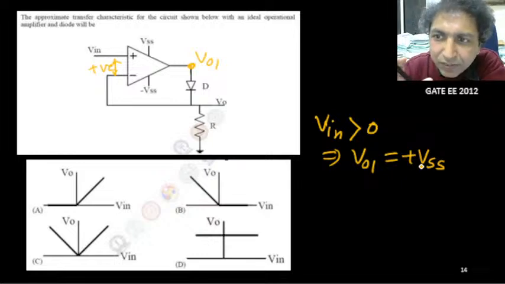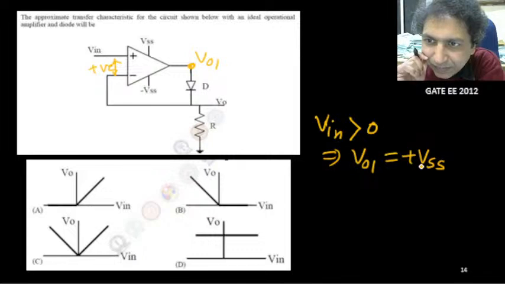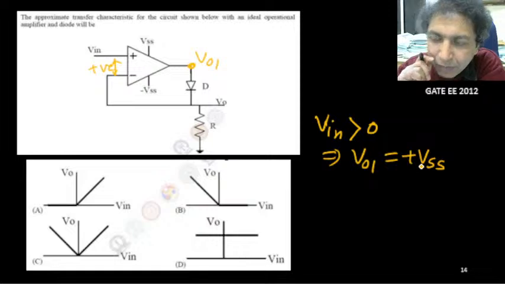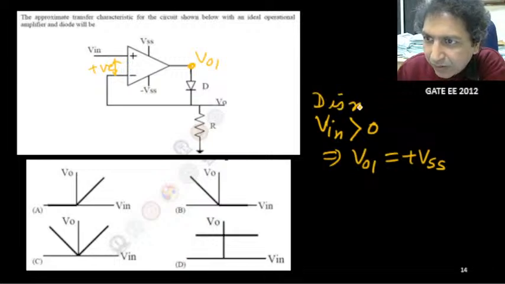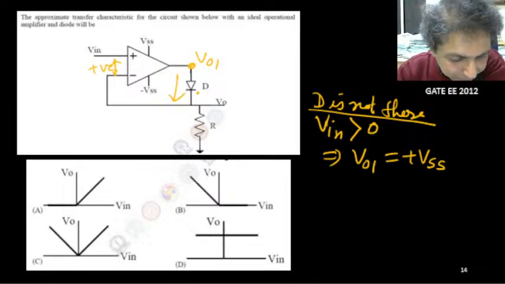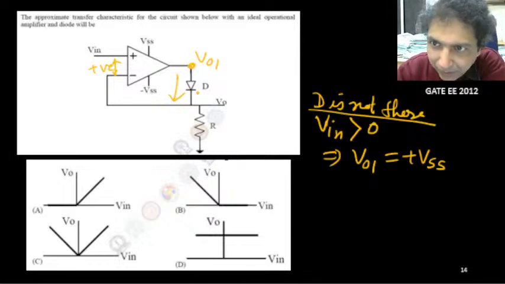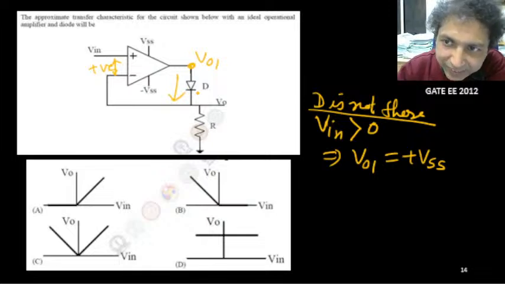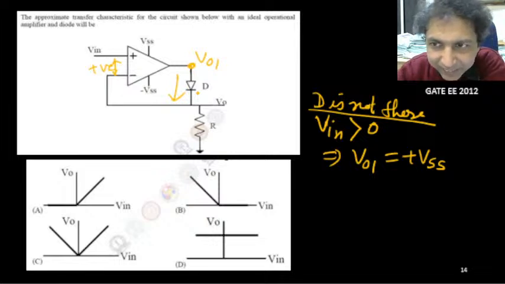That is if the diode is not there. But when the diode is there with this configuration, obviously the diode will be on, and the current can flow. The circuit is closed, and if the circuit is closed, there is negative feedback.